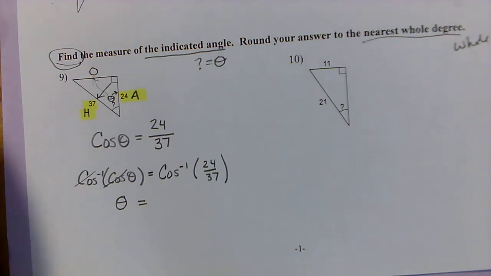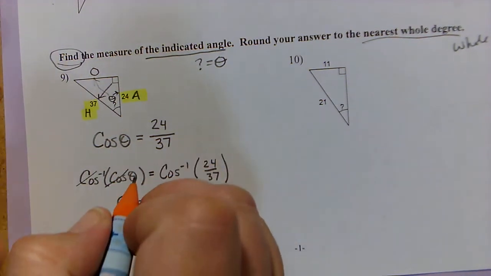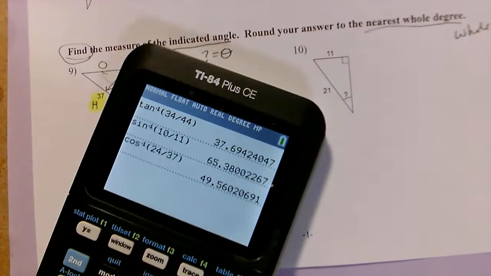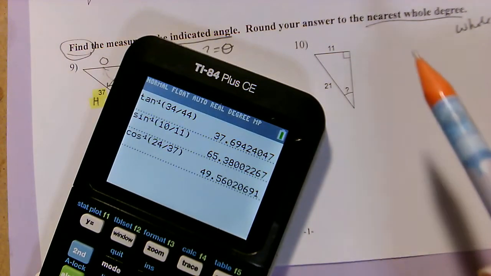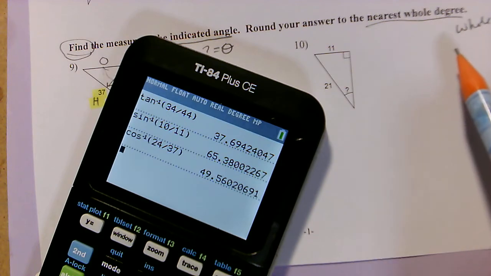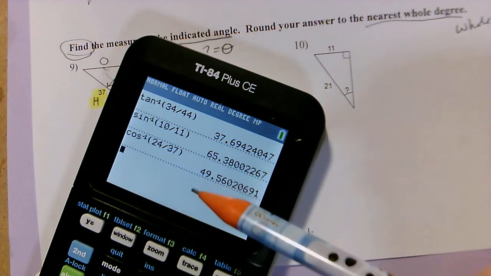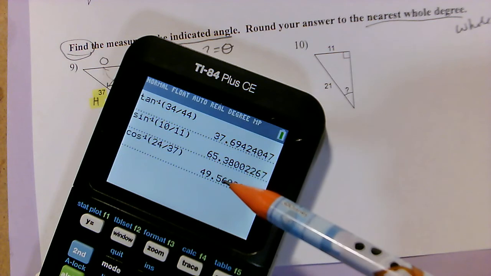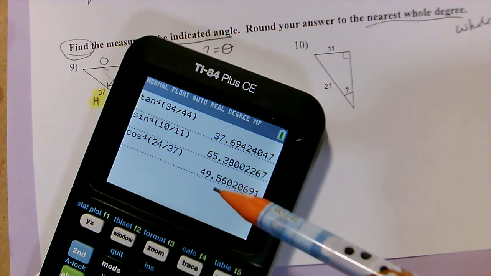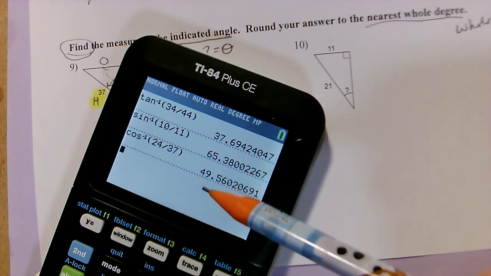So second cosine gets me inverse cosine, 24 divided by 37. Enter, and I get 49.56. Here's my calculator. It says round to the nearest whole degree, so that's the nearest whole number. So I've got to decide, is this 49 or 50? Because there's a 5 after the decimal point, that means I'm going to round that up to a 50.